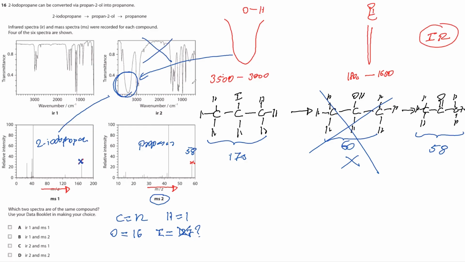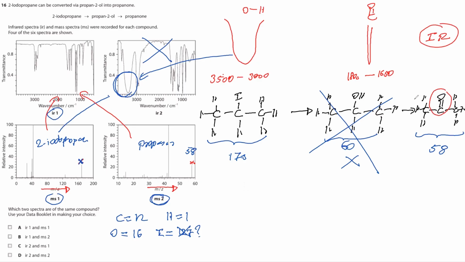Okay, now I have two options. Either mass spectrum 1 should go with IR spectrum 1, or mass spectrum 2 should go with IR spectrum 1. So these two are the only possible options I have. When I look at this mass spectrum 2, we are talking about propanol.